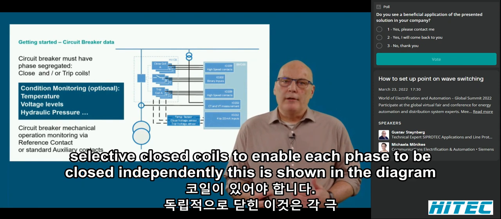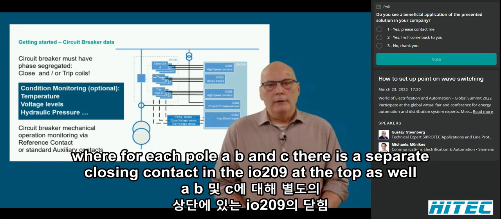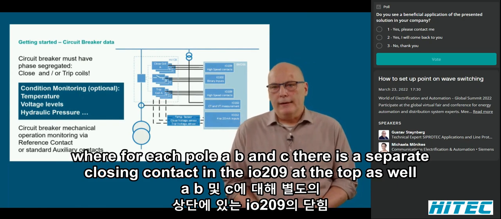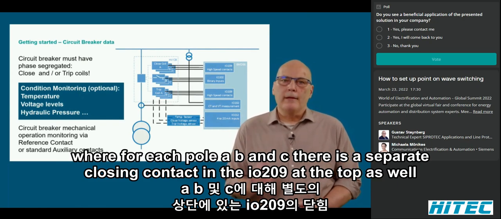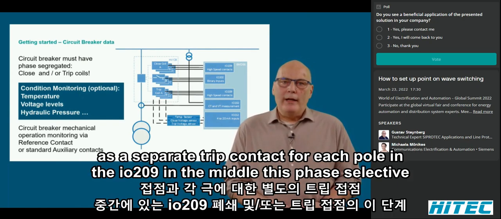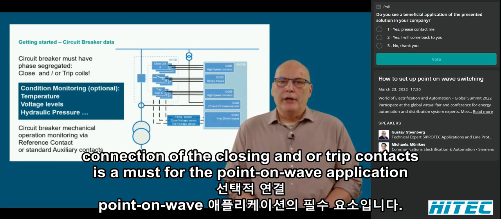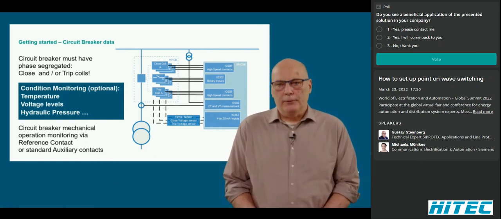This is shown in the diagram where for each pole, A, B, and C, there is a separate closing contact in the IO209 at the top, as well as a separate trip contact for each pole in the IO209 in the middle. This phase-selective connection of the closing and/or trip contacts is a must for the point-on-wave application.